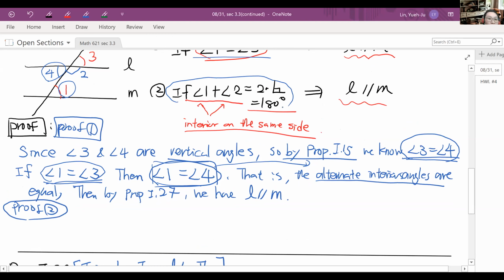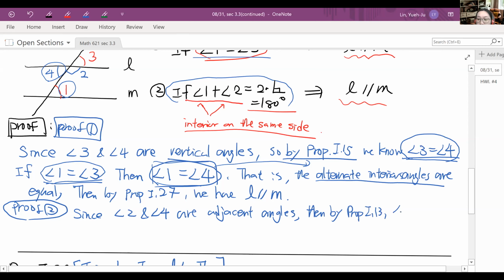First, since angle 2 and angle 4 from this picture are adjacent, or supplementary angles, by proposition 1.13, which we also saw before, the sum is going to be 180 degrees.